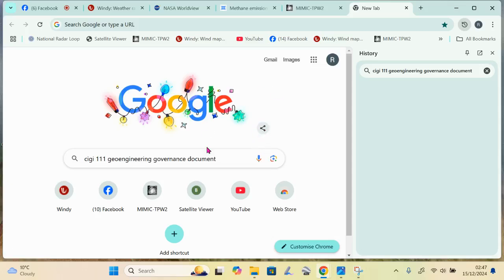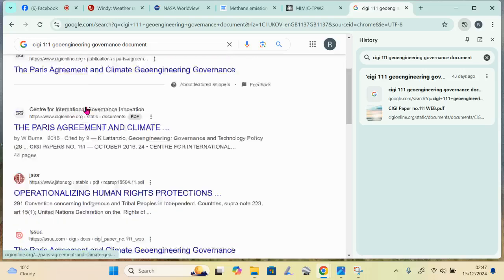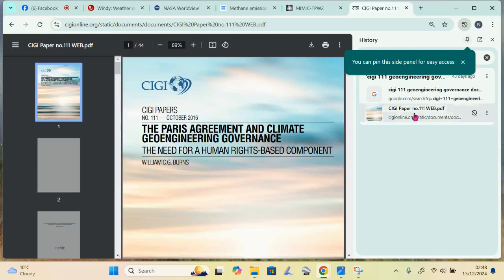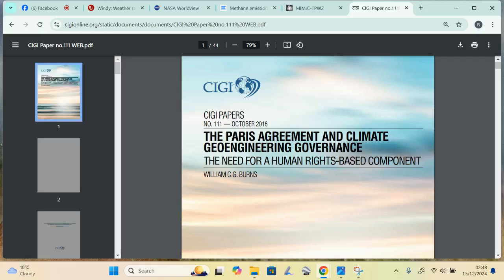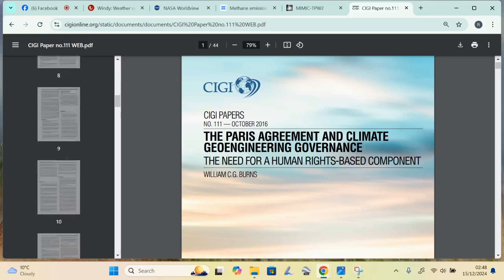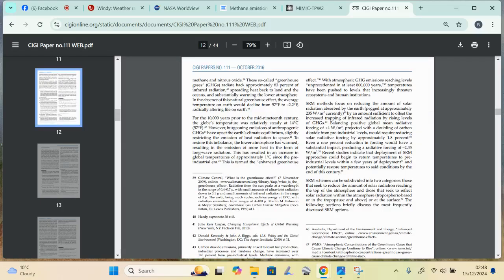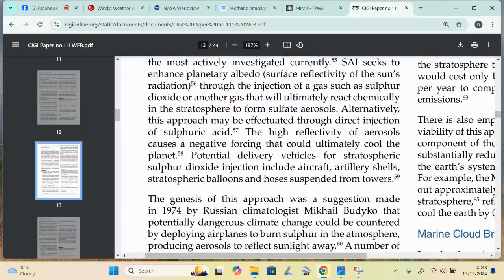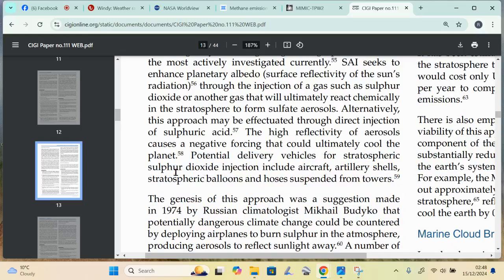Geoengineering governance document. Is this the one by Mr. Byrd? Is this the big PDF that we need? Yes, I want to pull this up now. Alright, this is the Paris Agreement, and I'm just going to go straight into page 13. Right here at the bottom, you're going to see the following words: potential delivery vehicles for stratospheric aerosols, sulfur dioxide.